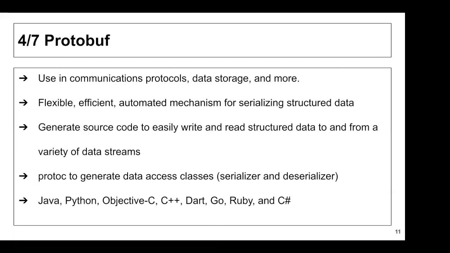These are some features: we can communicate between different machines, and we can store the serialized data. In that sense it's flexible, efficient, and the best part is that the classes to serialize and deserialize the message are generated automatically by the Protobuf compiler.